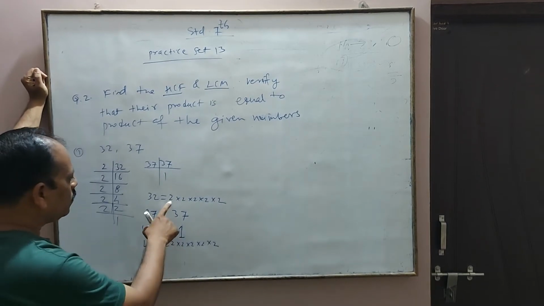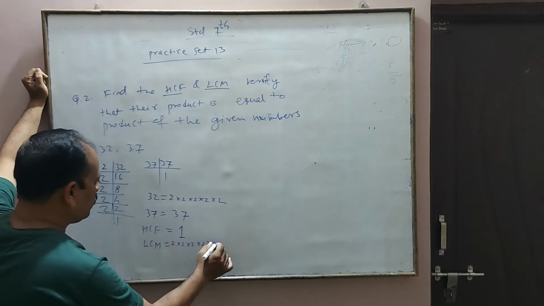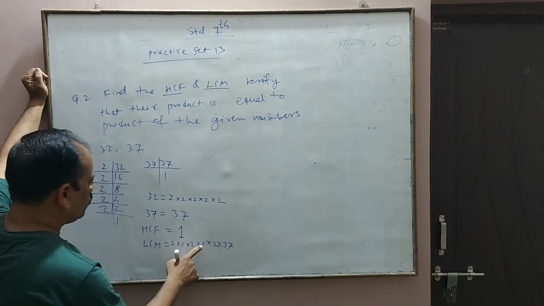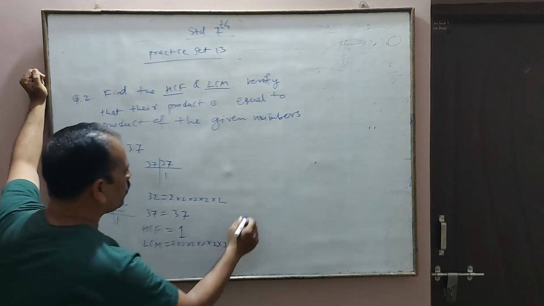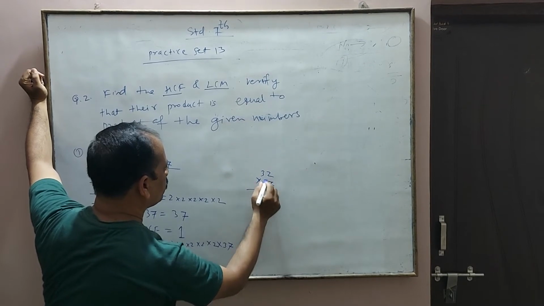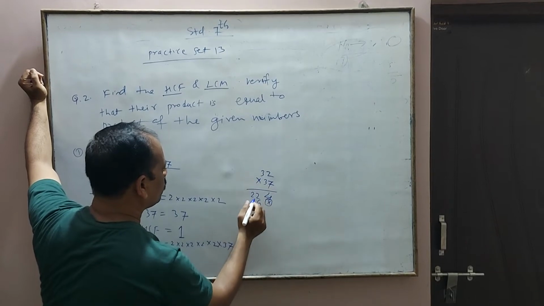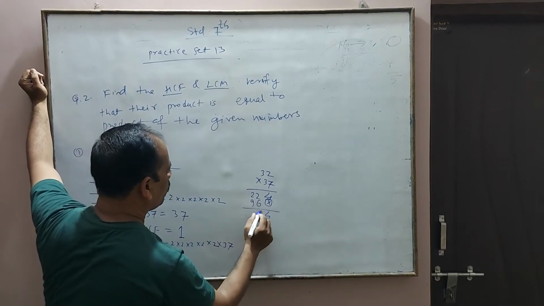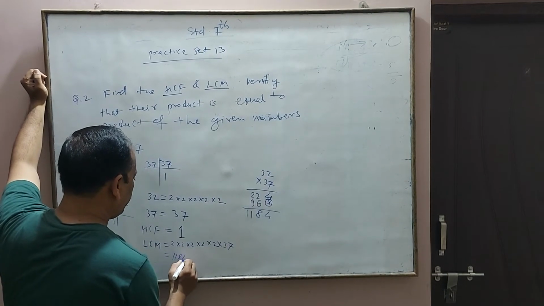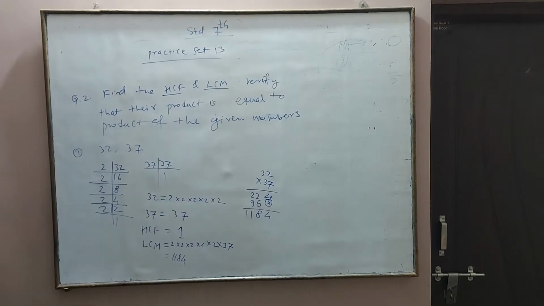So here no common factors are there, so we directly multiply these numbers. 2 2s are 4, 4 2s are 8, 2s are 16, 2s are 32. 32 multiplied by 37, so it is 1184. So this will be your LCM.